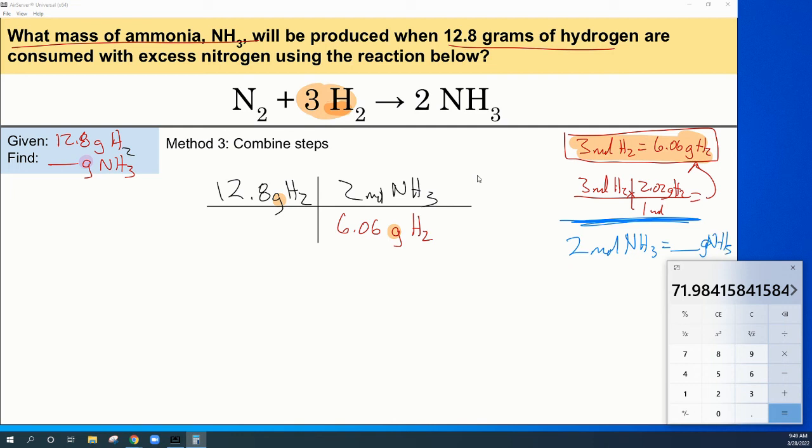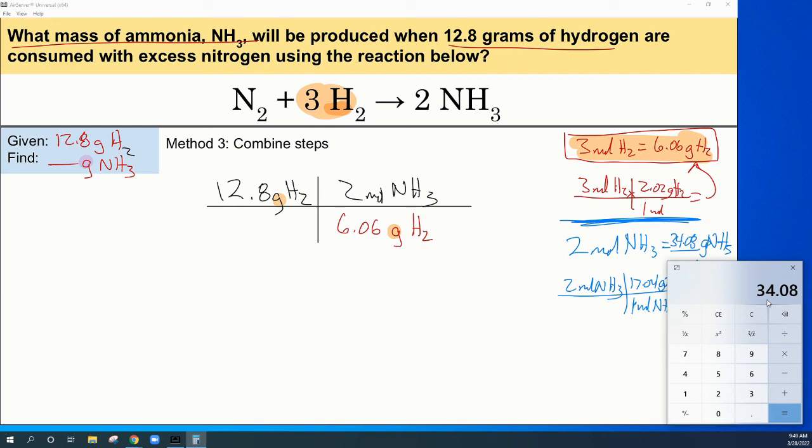Well, on the periodic table, 1 mole of NH3 is equal to 17.04 grams of NH3. I do that in my calculator. So I'm going to do 2 times 17.04. And I'm going to get 34.08.